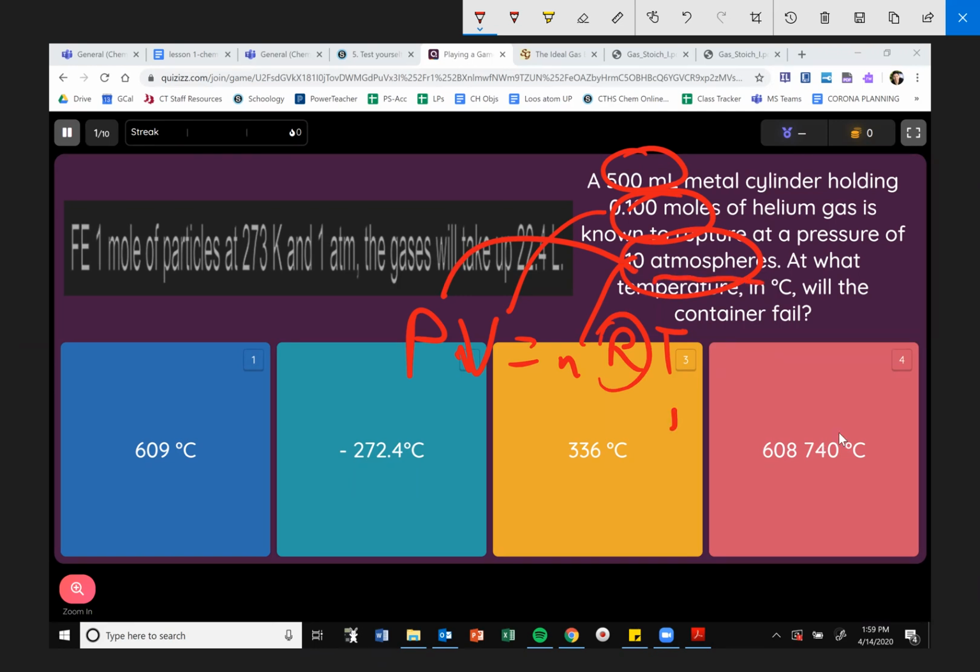You're going to get T, it will be in Kelvin, and then you convert to degrees Celsius. That's very similar to what we saw on the last question.